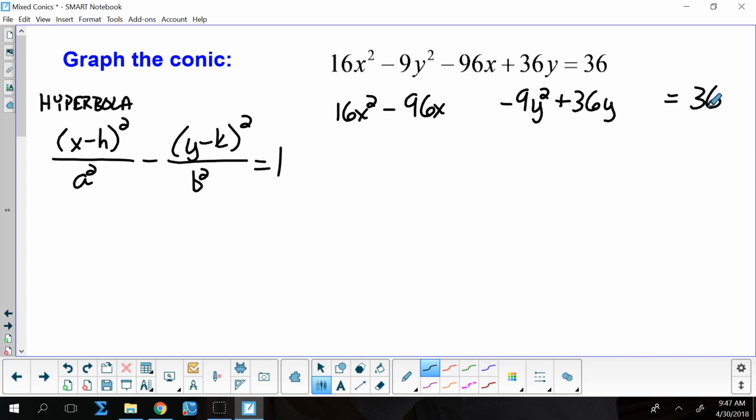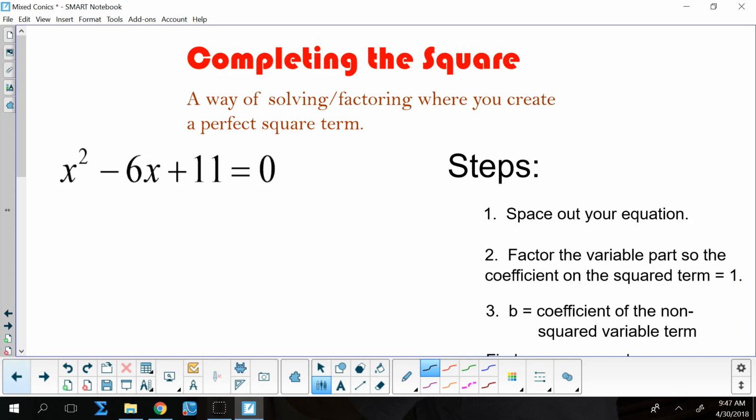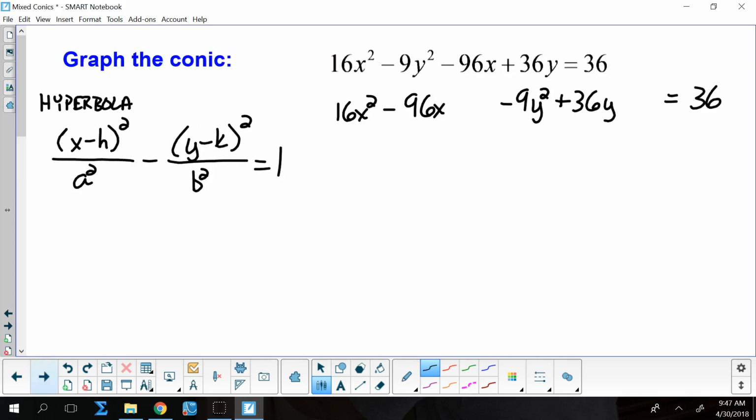So we've spaced out our equation. Next, we need to factor our equation so that the x squared and the y squared terms have coefficients of 1 on them. So here, I'm going to factor out a 16. That leaves me with negative 6x. What am I going to factor out on the y squared?